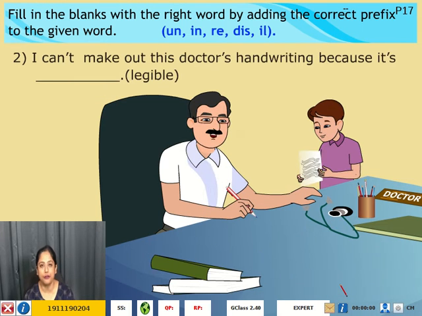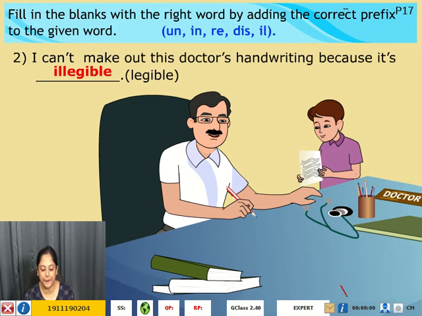Okay. Again, next one. So we have 4 options left. Let's see. I can't make out this doctor's handwriting because it is illegible, with legible being the word given in the bracket. So something which is readable is legible, remember? So something which is not readable, which we cannot understand, which is not clear, the word here is illegible.